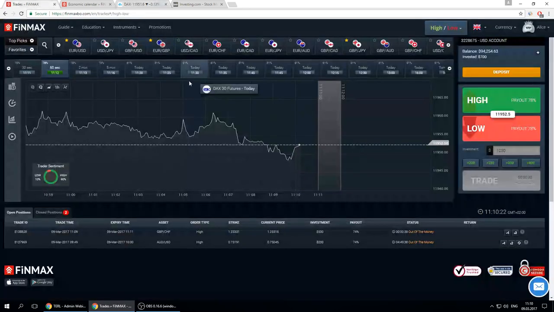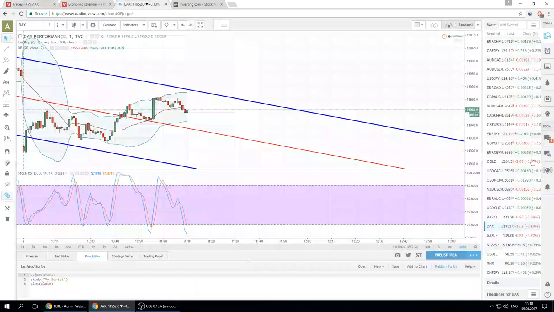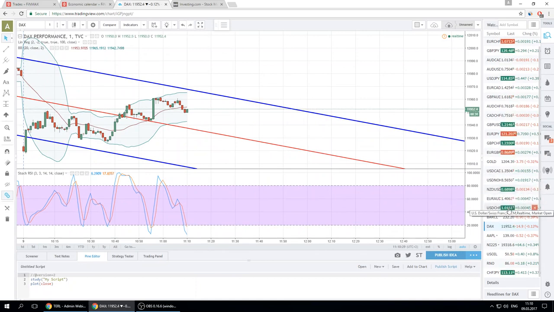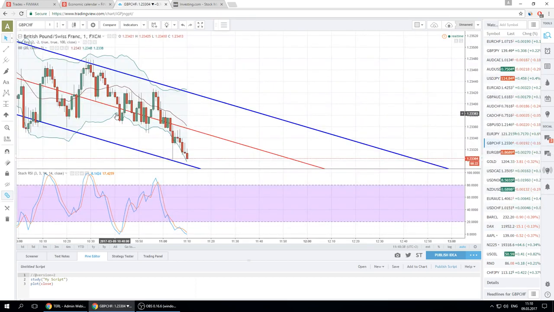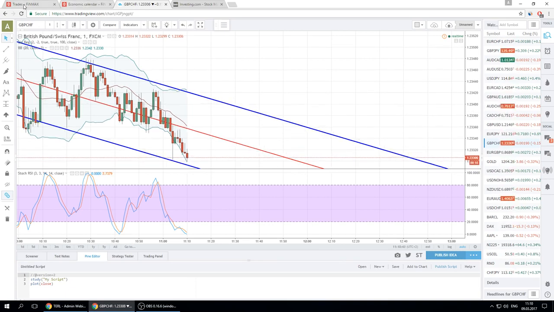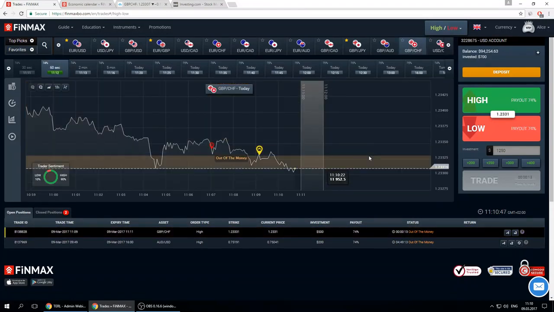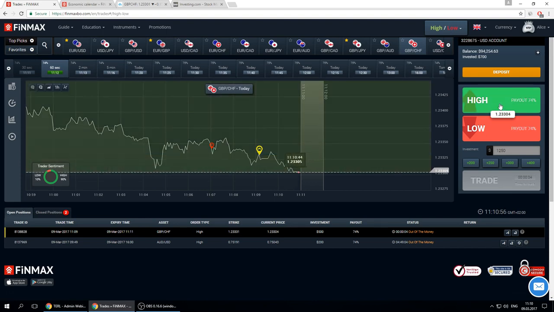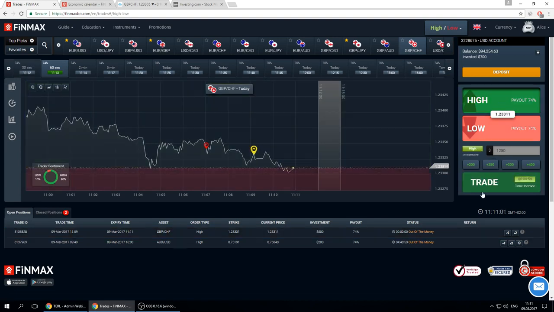I'm waiting for it to turn back, and in 30 seconds we'll come back to it. Also, this trade is out of money right now. So we may need to enter on the third circle. Let's go.